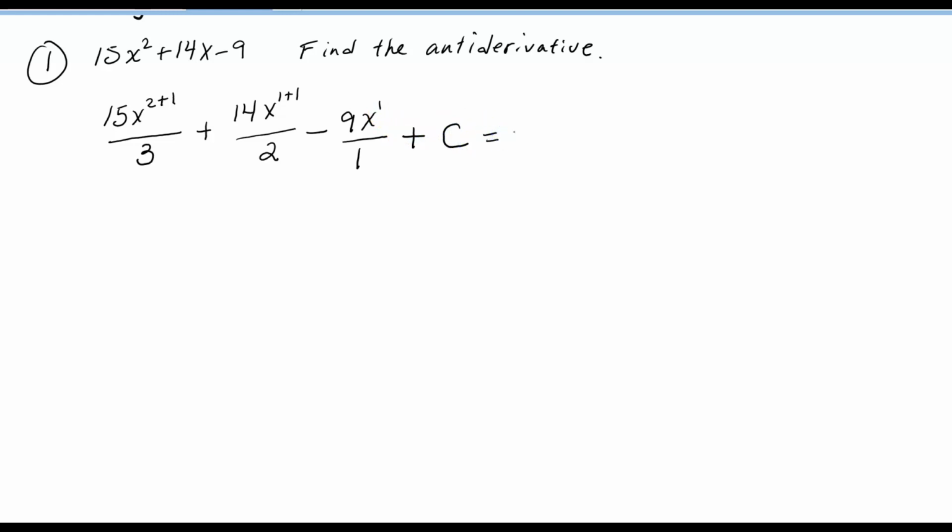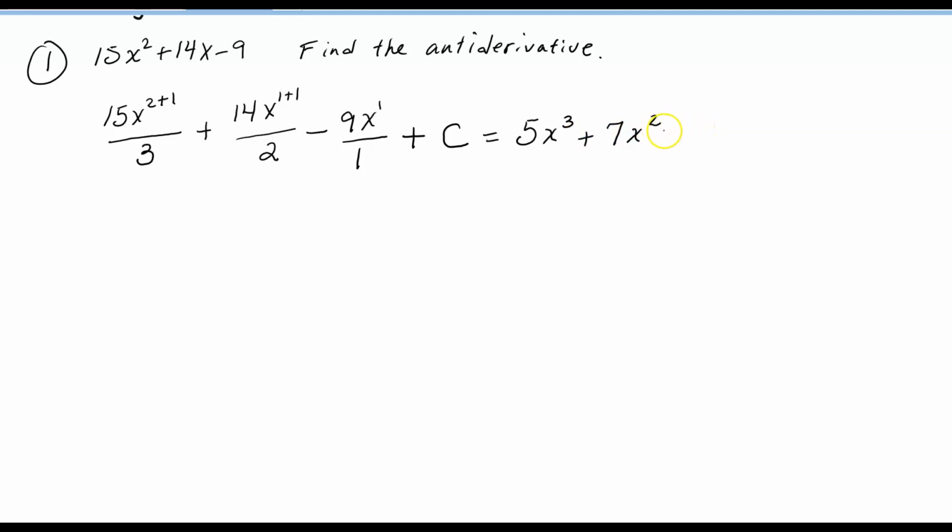So what we're going to do next is clean this up a little bit. 15 divided by 3 happens to be 5x, and 2 plus 1 is 3, so x cubed. Then we have 14 divided by 2, which is 7, and x to the second power, because 1 plus 1 is 2.